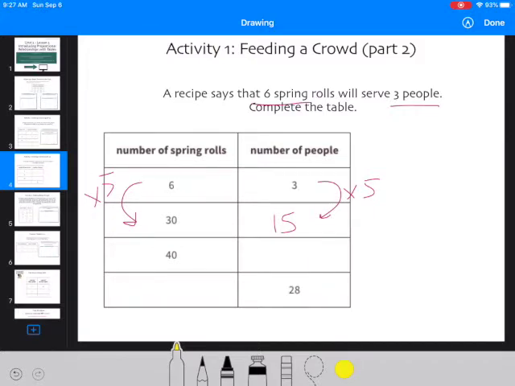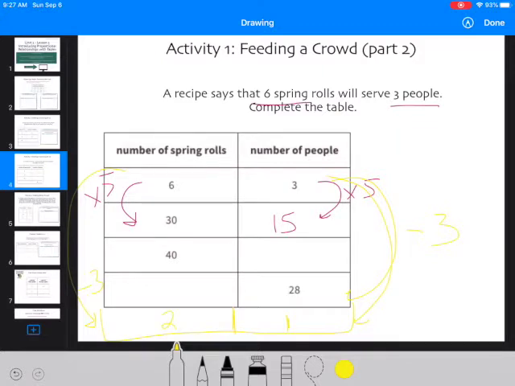I'm going to have to figure out what it would be for one person, so I'm going to add a row. I'm going to divide by 3 because I want to figure out how many spring rolls each person eats. So 3 divided by 3 is 1. So 6 divided by 3 is 2.